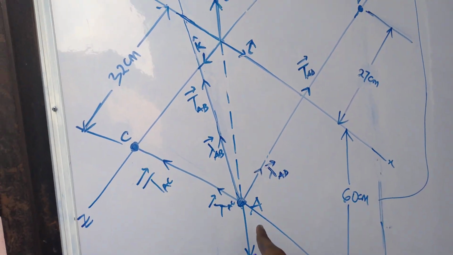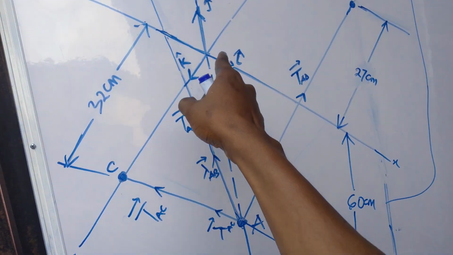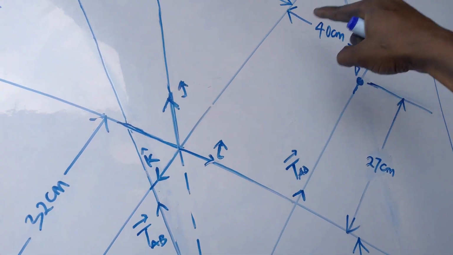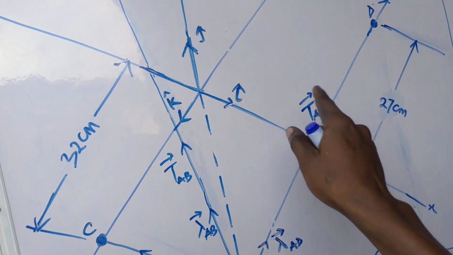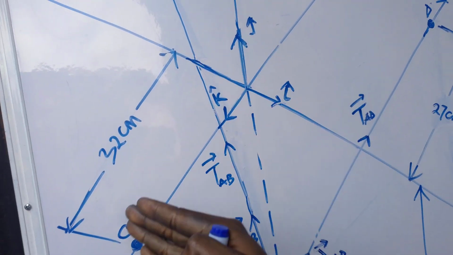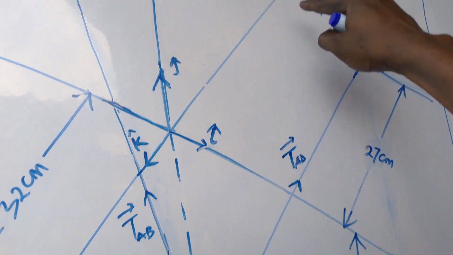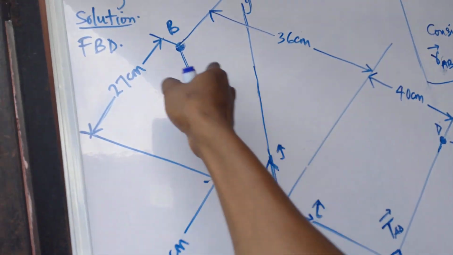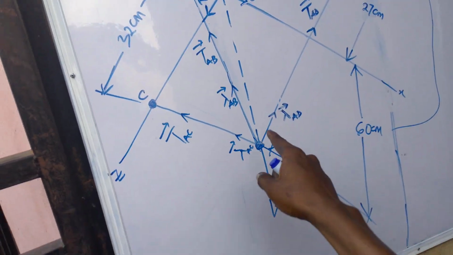So if I move now, this is 60 J going upwards. Then I'll move from here. This is minus 27K, since coming like this is plus K, and going like this is minus 27K, until finally I get to point B, to be minus 36I. So let's move again.